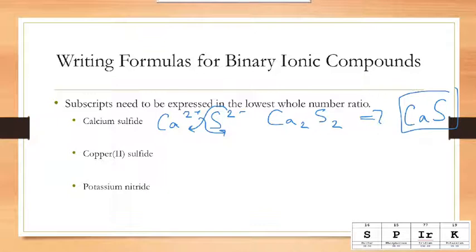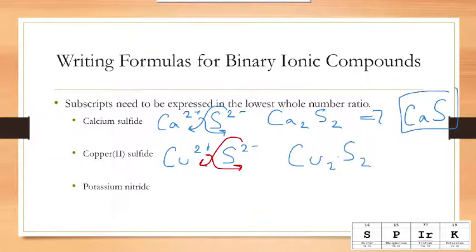So our next one is copper(II) sulfide. So we have Cu2+ and S2-. Again, we're going to crisscross our charges, and that's going to give us Cu2S2, but then remember again, we reduce those down: CuS.